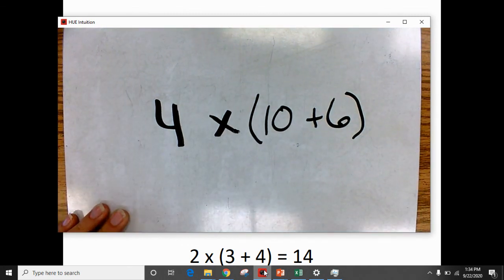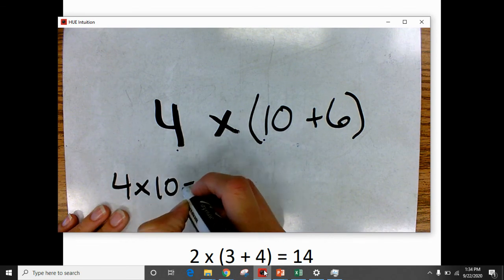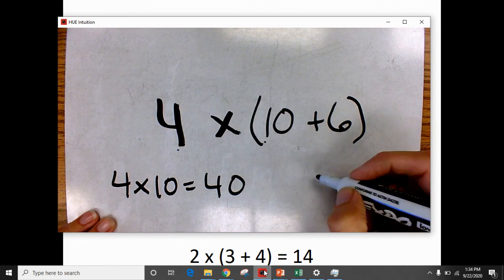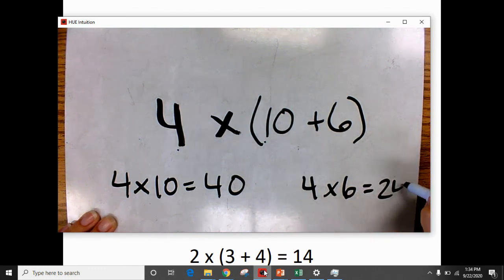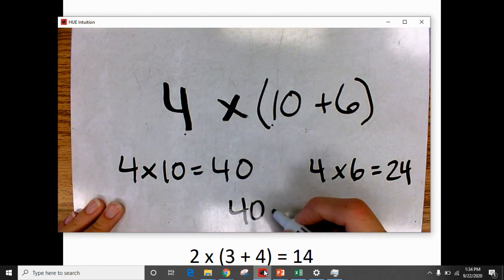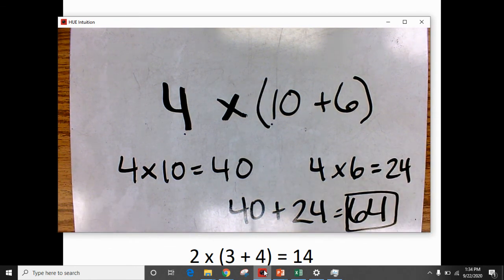And to do that, I just do 4 times 10, and then I do 4 times 6, and then I just add them together. So I was able to solve the equation 4 times 16 using the distributive property.